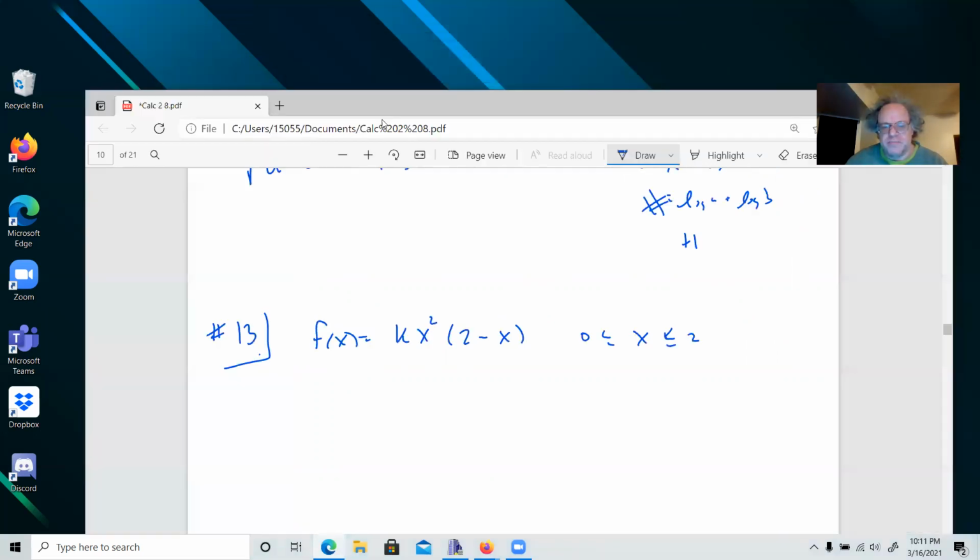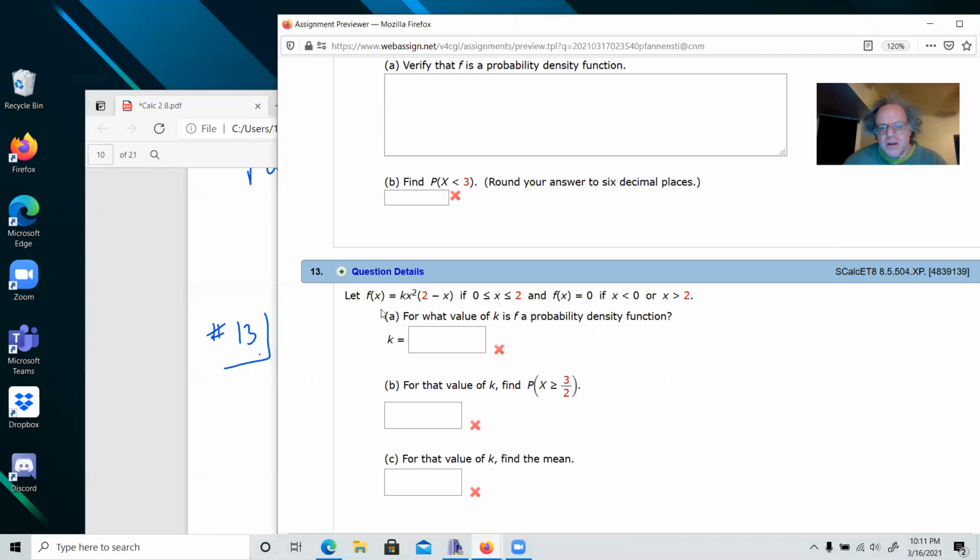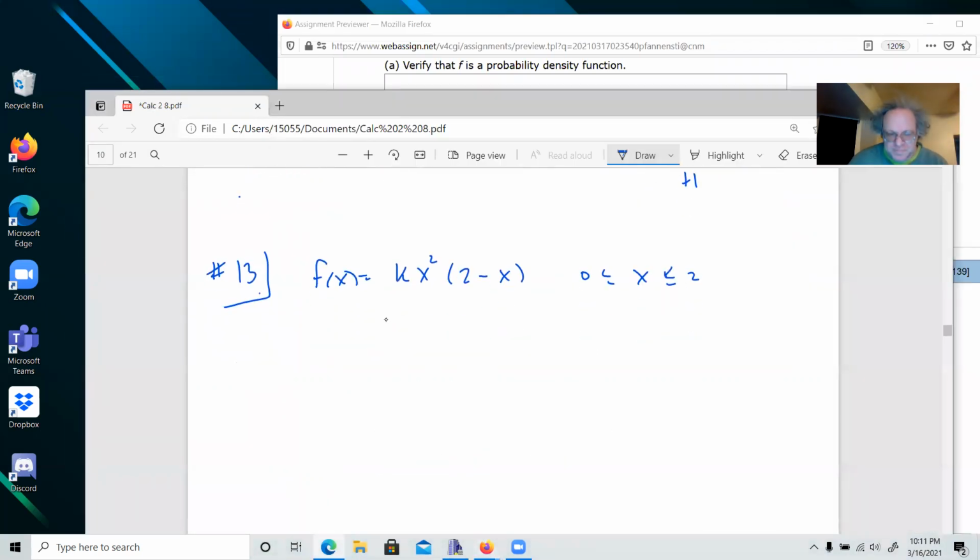Okay, that's always good. There we go. All right, for what value of k is f a probability density function? So what we have to do is integrate between 0 and 2 of kx squared times 2 minus x. That's equal to 1. I really actually do like this problem.